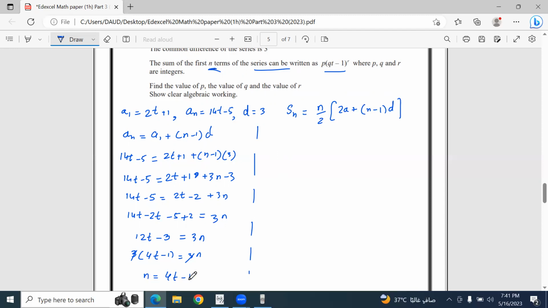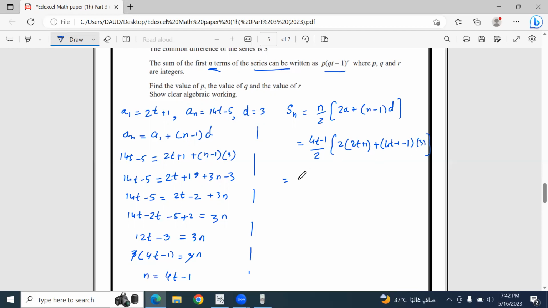We found that the nth term is 4t minus 1, so I will apply here (4t minus 1) over 2, and the first value of the sequence or series is 2t plus 1, plus the nth value, which is 4t minus 1, and 3 is the common difference.